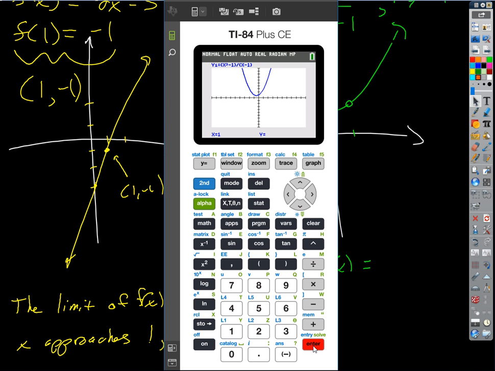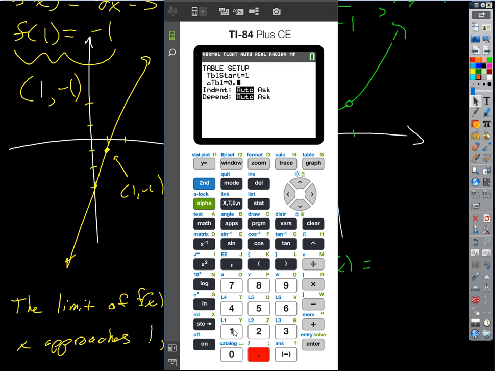Let's go to the table. So we've got our function in there. Now let's go ahead and set up this table. It's probably set up fine. Starts at 0. Let's start at 1. And let's make the delta values on the table, let's make the steps like 0.1.